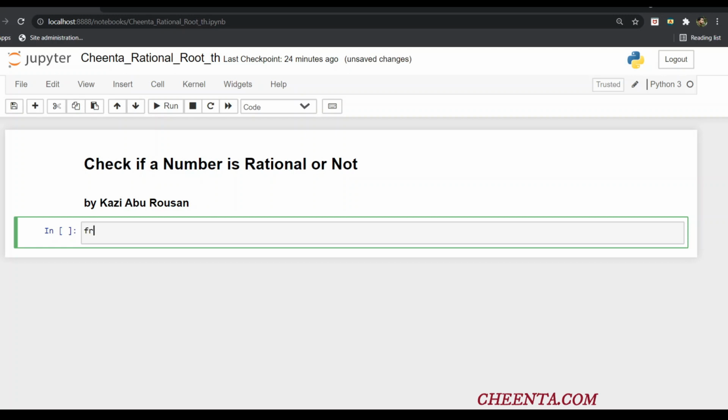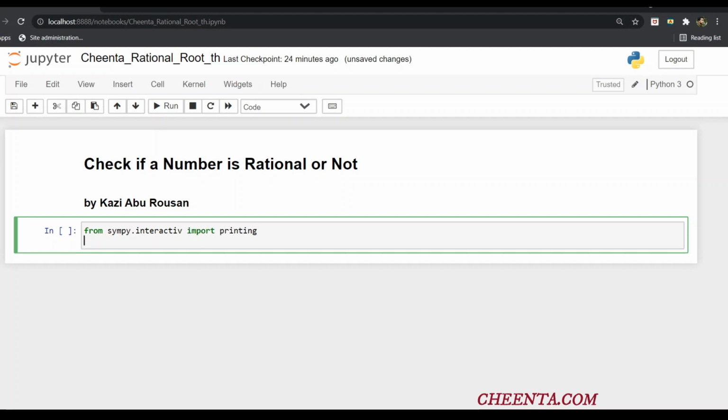For that I am writing this line; you will be fine without this line. from sympy.interactive import printing, and I will be calling printing.init_printing(use_latex=True).